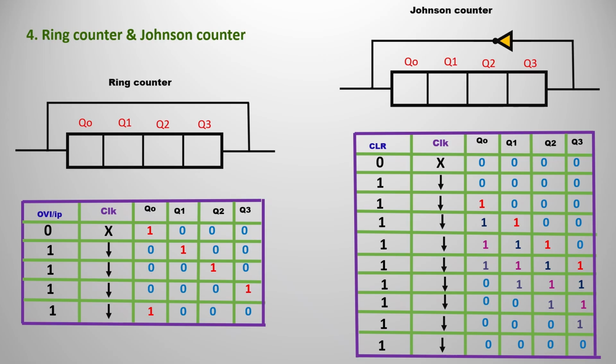In the Johnson counter also, you can observe how the shift is happening. And one more important thing, in the Johnson counter, the number of flip-flops into 2 gives our number of states. So we have 4 flip-flops, because 4 boxes into 2, total 8 states, or 8 transitions, we are going to have in the Johnson counter, because we have the inverter, the NOT gate, here.